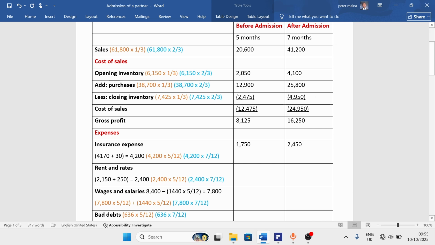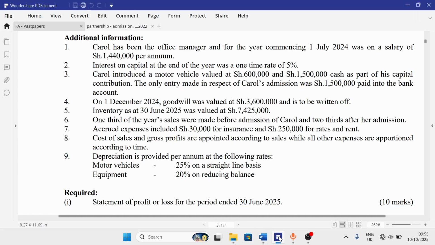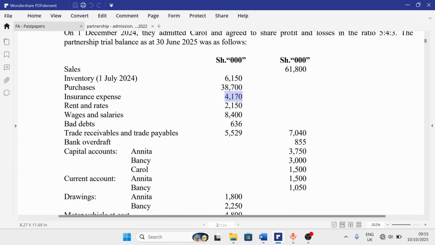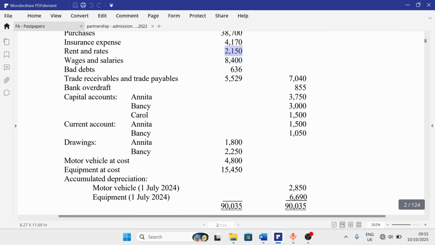We go to the next expense. So we go to the trial balance. After insurance, the next expense is rent and rates, and the amount given in the trial balance is 2150. So this one also is going to have an adjustment.